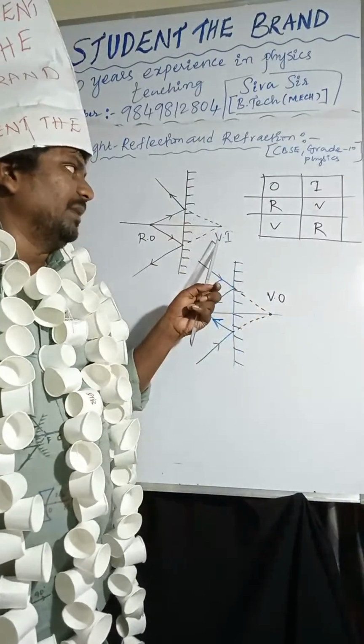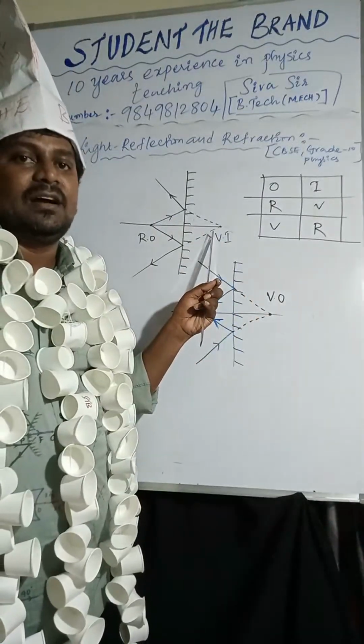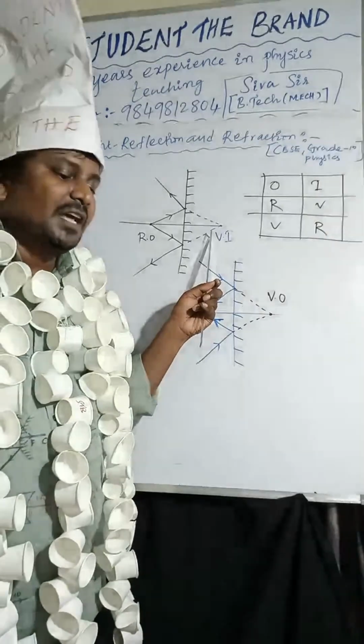So the difference you need to understand. What is a real or virtual image? The point of intersection of reflected light rays.